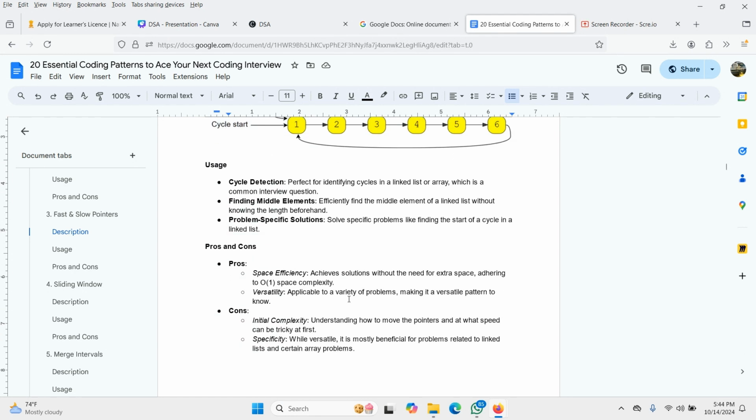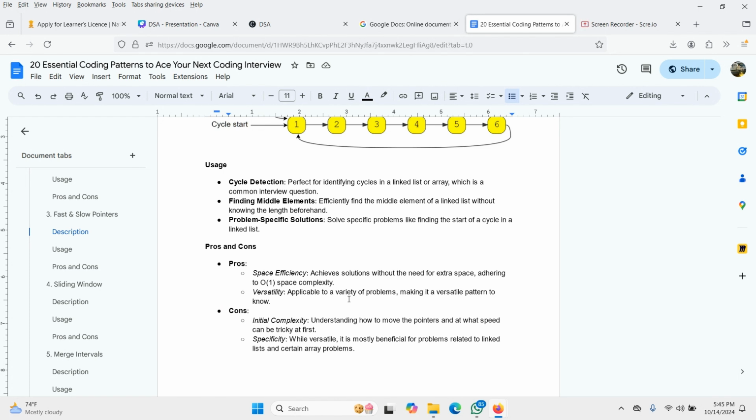What are the cons? We need to understand how to move the pointers and at what speed, which can be tricky at first. Also, while it is versatile, it is mostly beneficial for problems related to linked lists and certain array problems.